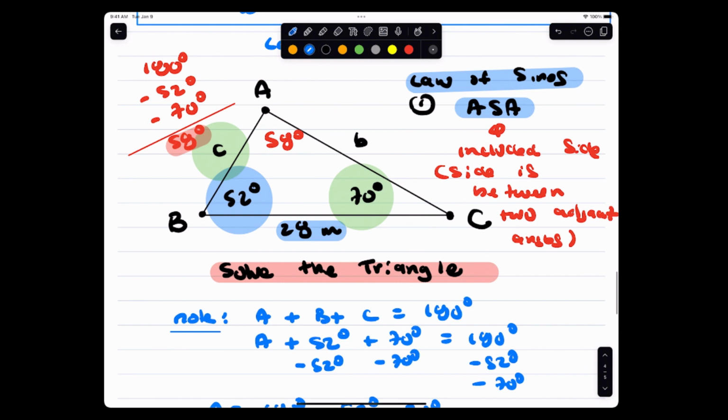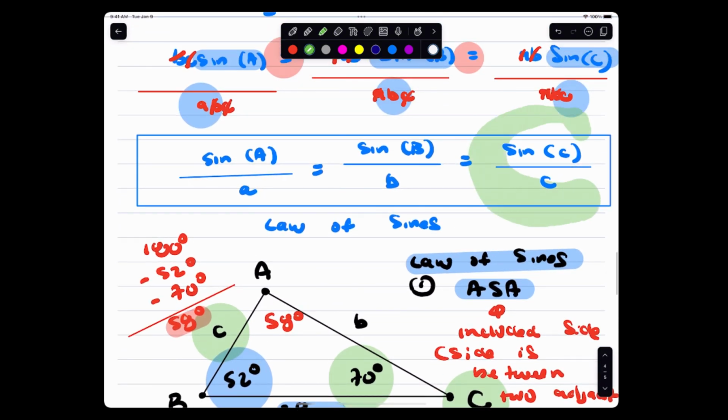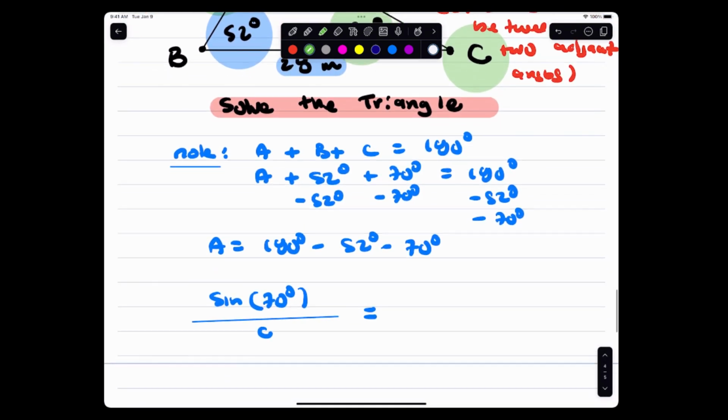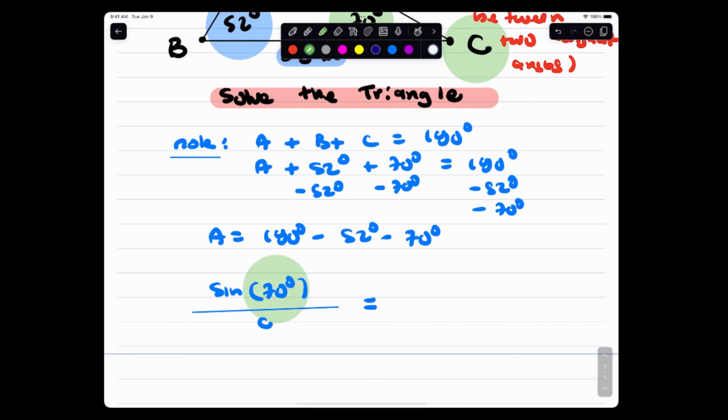This is how we use that. Notice how I named that big C. So I'm using this portion in law of sines, sine of C. I made the ratio of sine of 70 degrees over little c. There's your ratio. Anybody have any questions on that first step? You guys okay with that first one?